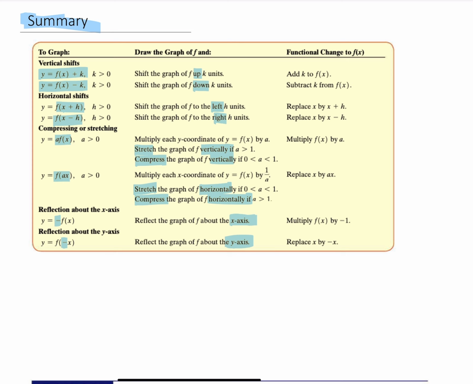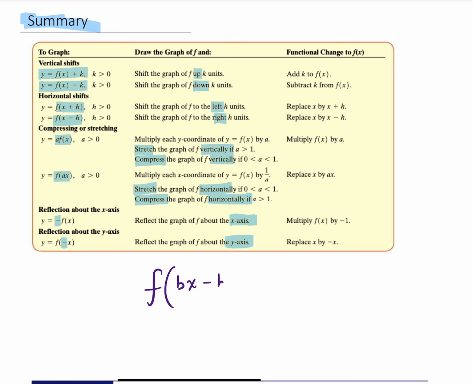So I like to write one big combined notation just to sum all of this up. So we have some function, and we could multiply something by x.